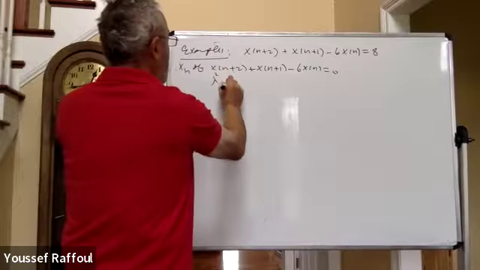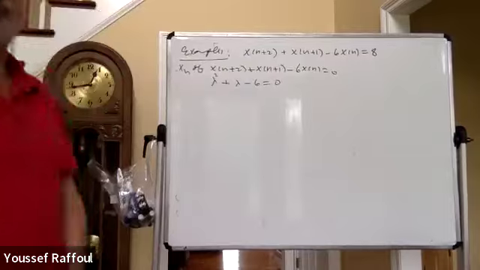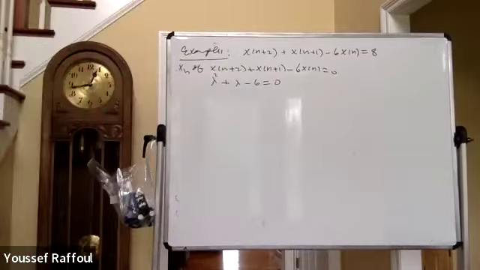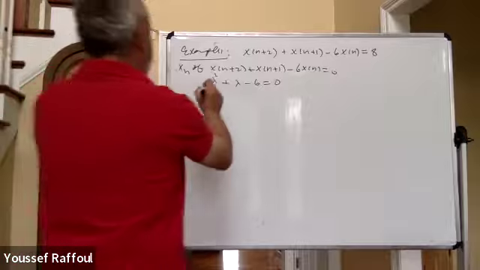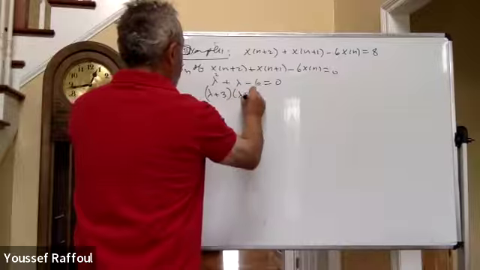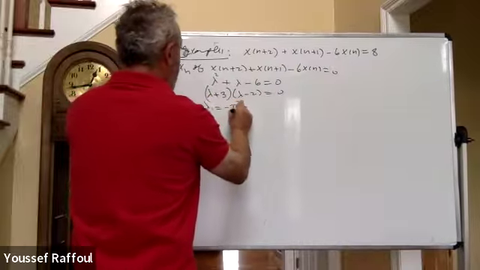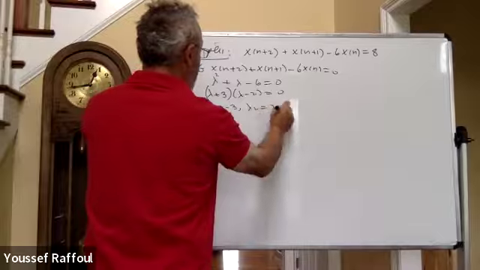So this is lambda squared plus lambda minus 6 equals 0. You can see this factors into (lambda plus 3)(lambda minus 2) equals 0. So we got lambda 1 equals minus 3, lambda 2 equals 2.